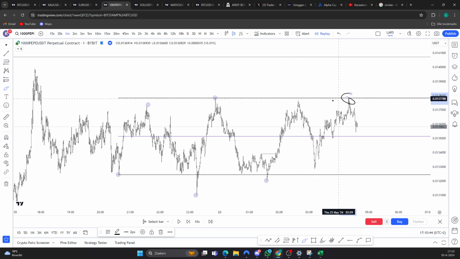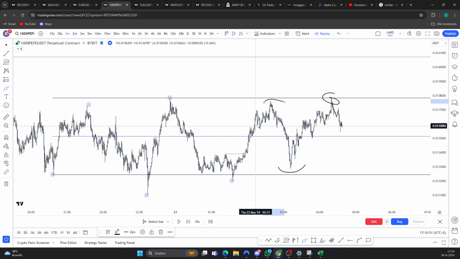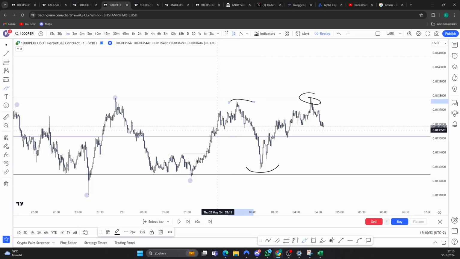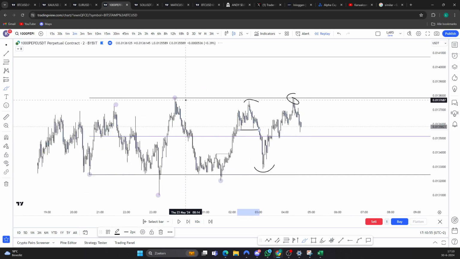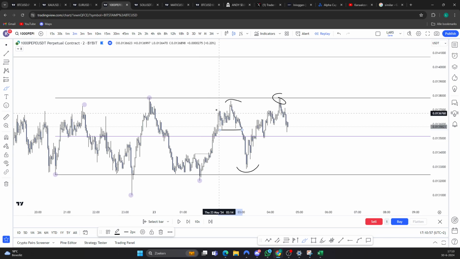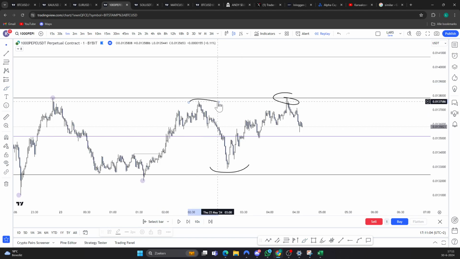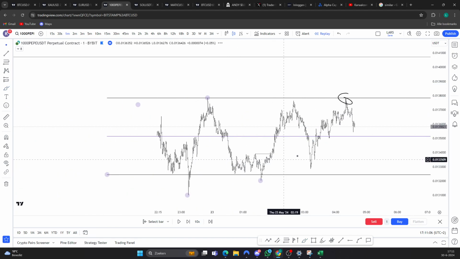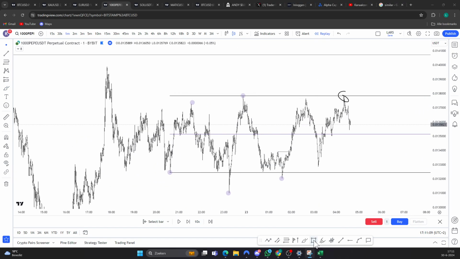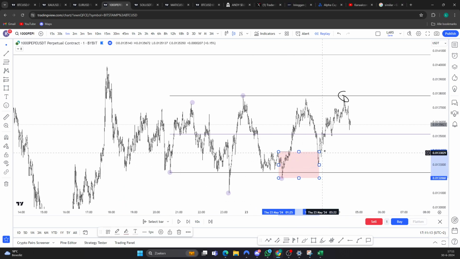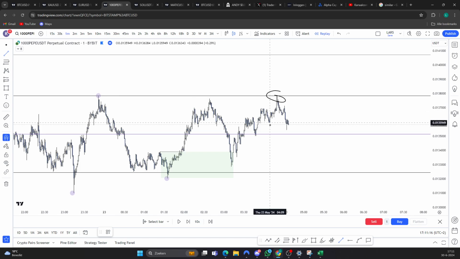That hit its target here. Even had that LPS here. You could say, yo, isn't this a model 2 distribution? But as tempting as it looks, this is not valid structure because you don't have the 2 consecutive downwards candles. So it's not valid. Price came back for it, and then this is where we swept it.